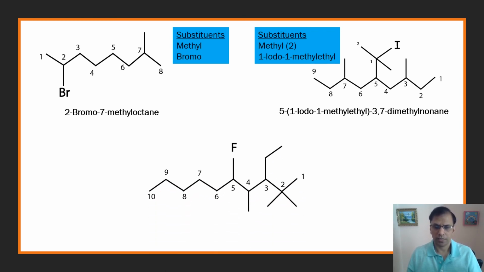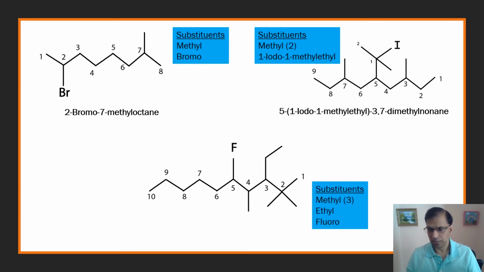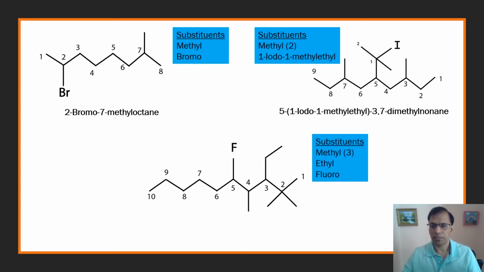let's look at another example right here. So in this case you start numbering it from this end, 1, 2, 3. It's pretty obvious that if you number from this end, the substituent is really far away. So let's list all the substituents. There are 3 methyl substituents, and then you have the ethyl and also a fluoro.